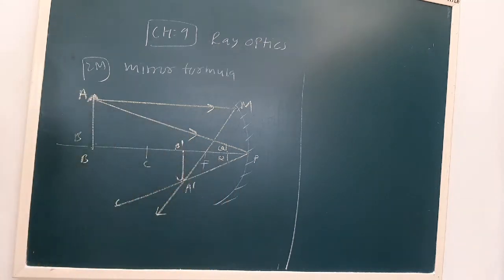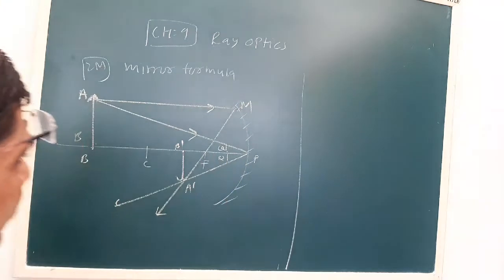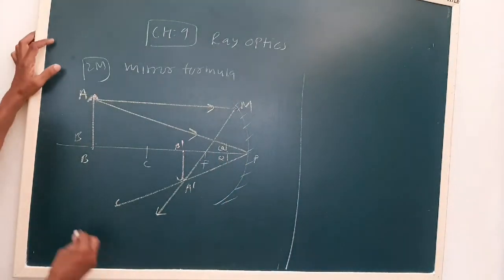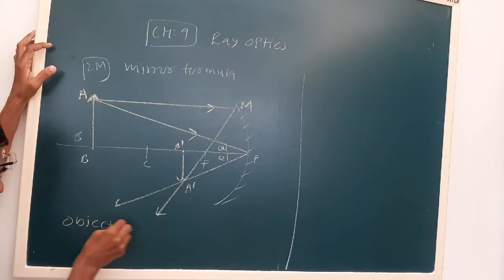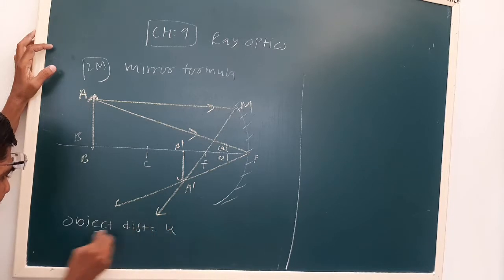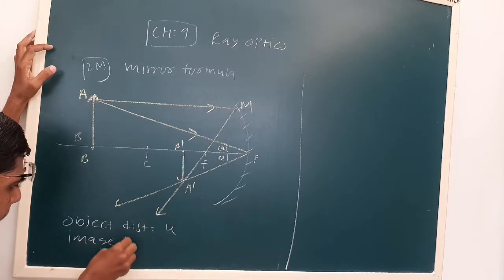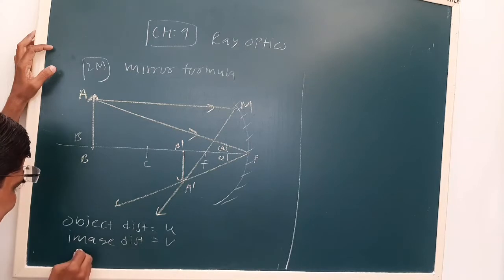Now to derive the mirror formula, that is a relation between object distance, that is u, image distance, that is v, and f is the focal length: object distance, image distance, and focal length.